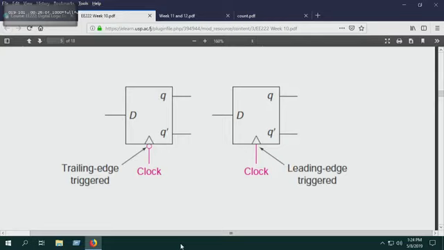That's another terminology. So that's why trailing edge, leading edge, rising edge, falling edge, right? Some people might be calling it going up, going down edge. And sometimes some terminologies, trailing edge is H-L, high to low. And leading edge is L-H, low to high.